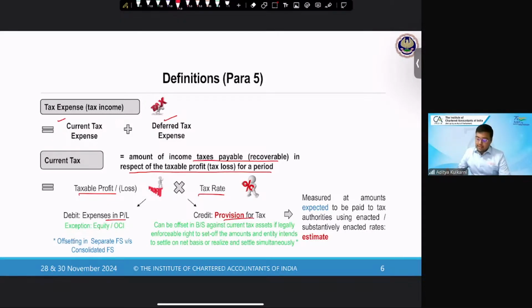It can be offset in the balance sheet against current tax assets if there is a legally enforceable right to set off the amounts and the entity intends to settle on a net basis or realize and settle simultaneously. It is measured at amounts expected to be paid to tax authorities using enacted or substantially enacted rates. So that takes care of current tax in totality.